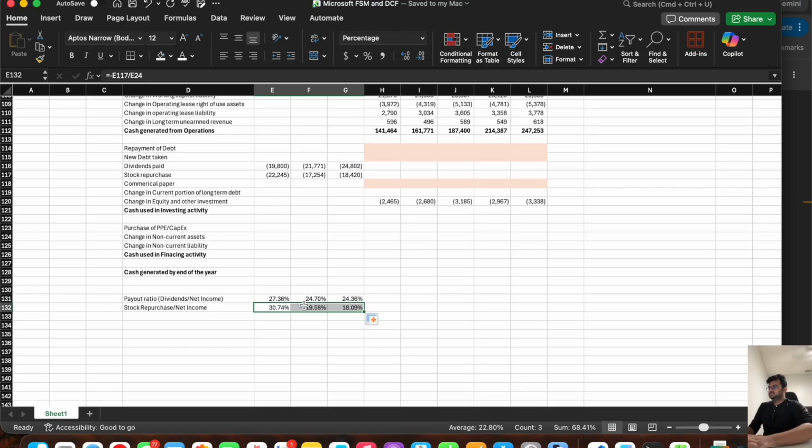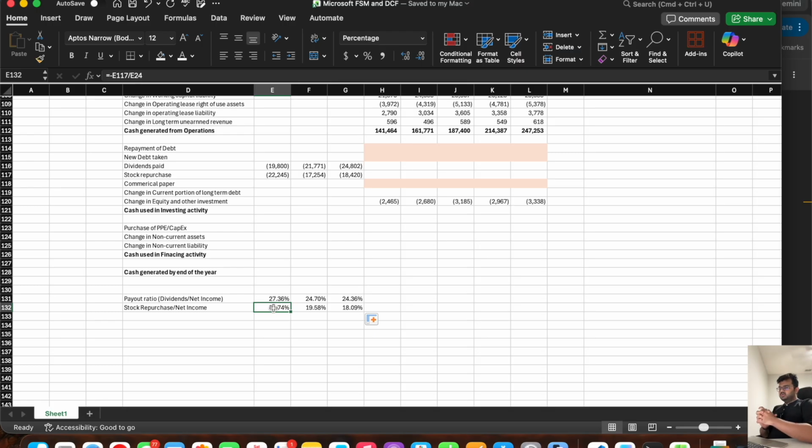So what we could see is the last 3 years the dividend payout ratio is approximately 27, 25 percentage, and stock repurchase for the last 2 years was around 20 percentage of the net income, and 30% in the previous year.